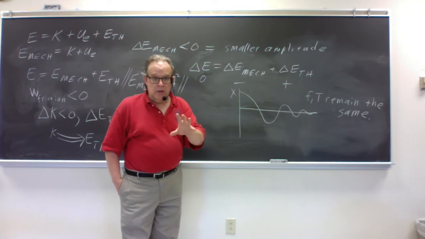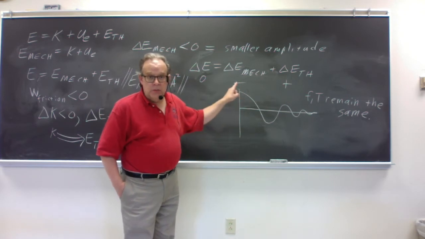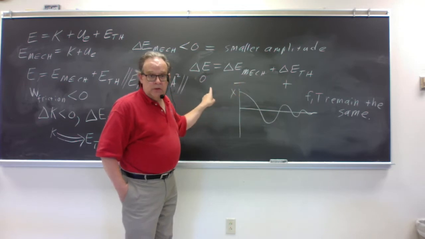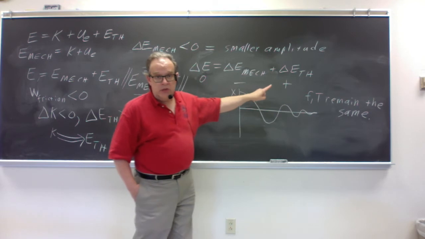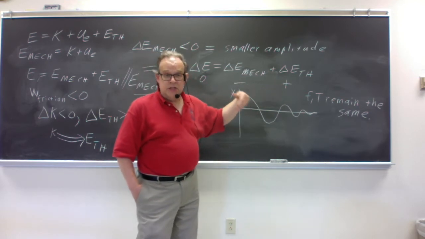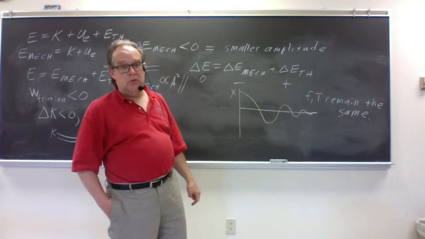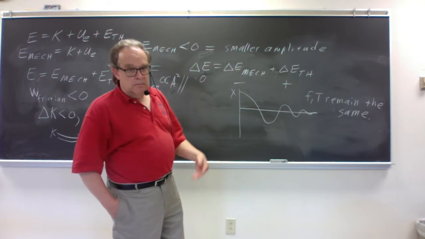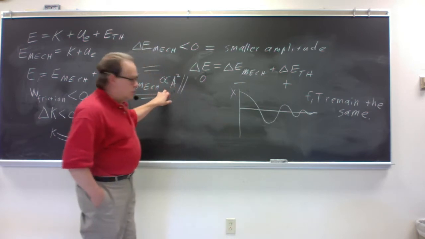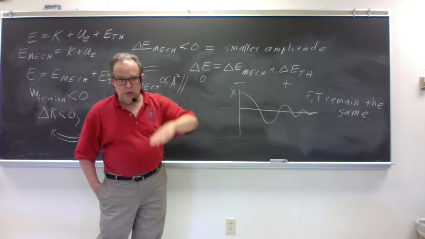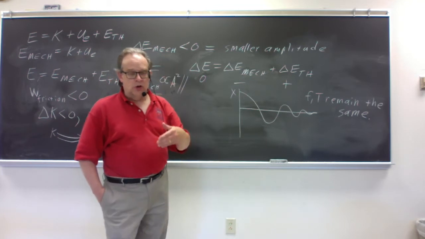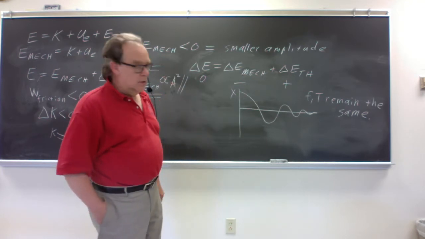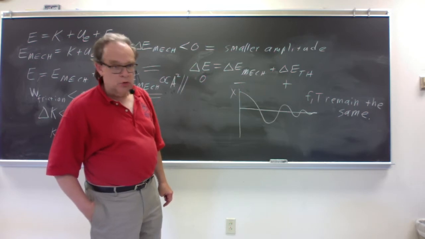But because of that work done by friction, the mechanical energy decreases. But if the total energy of the system stays constant and one kind of energy decreases, the other kind of energy has to increase by the same amount. But mechanical energy decreasing means the amplitude gets smaller and smaller. We call this damping, decrease in the amplitude as time goes by.